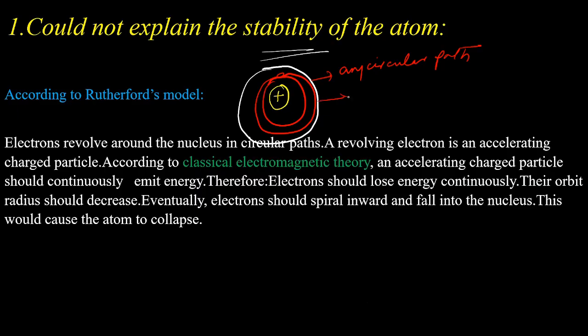So it was the statement of Rutherford's atomic model. The central part is known as the nucleus and the region where electrons remain is called the electronic region.